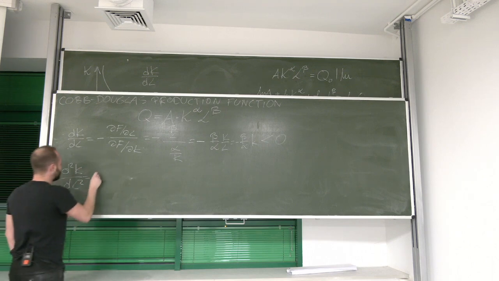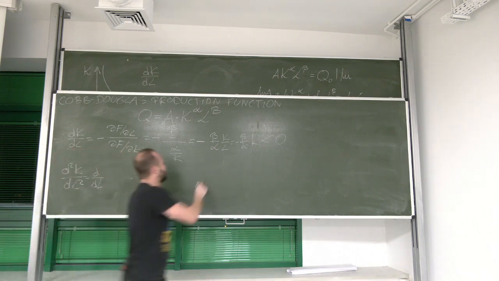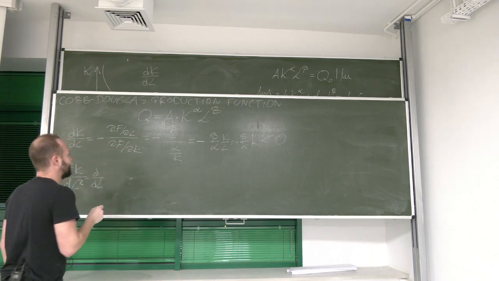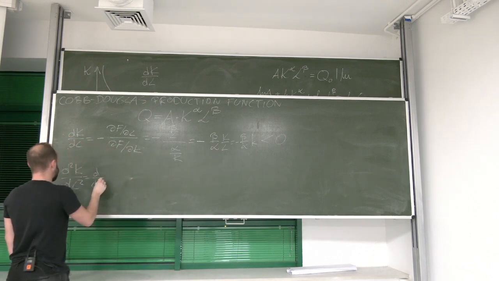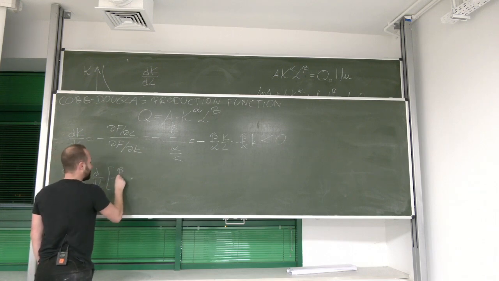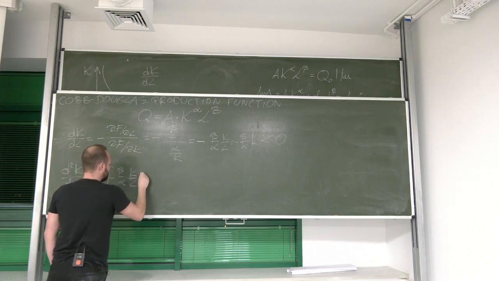So in this case, we're just going to simply calculate the derivative of negative beta over alpha times k over l.